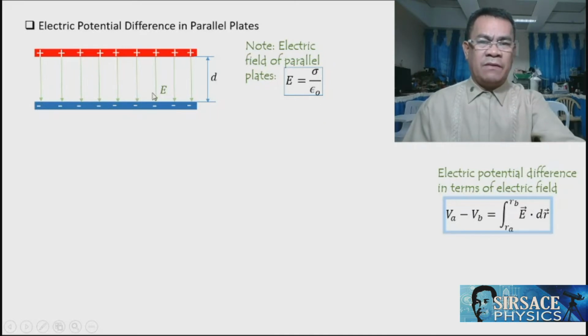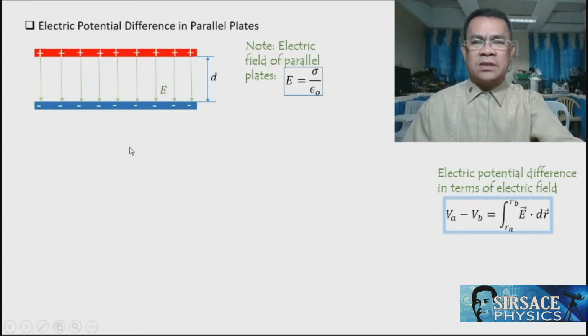So if you wish to calculate how much is the electric field inside, the answer is electric field is equal to the surface charge density over the permittivity. So therefore, it does not depend on the distance. The same electric field for parallel plates. For parallel plates, this should be going to infinite, or the distances are very, very small such that d becomes negligible. Okay, so this is a parallel plates.